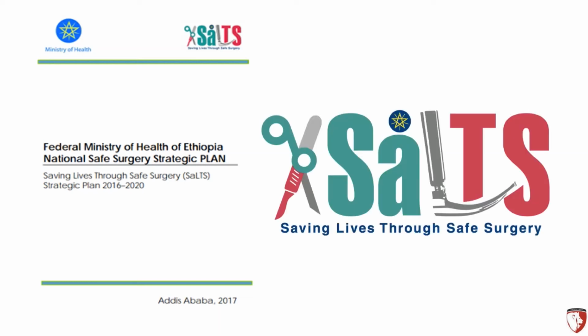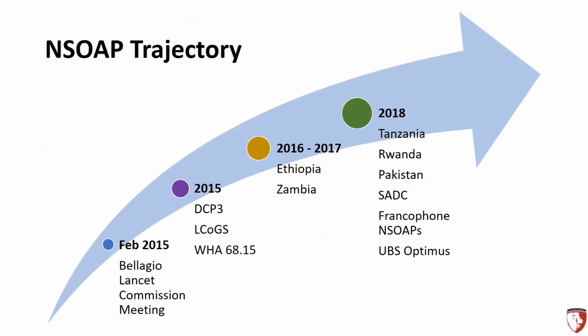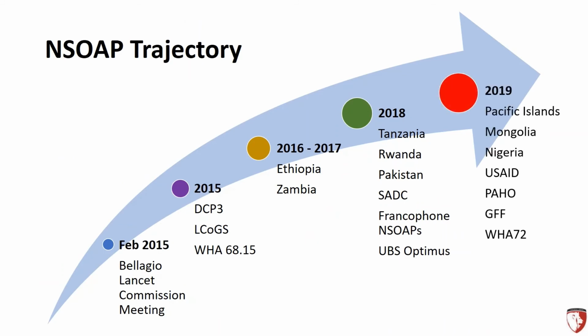Ethiopia independently adopted a national surgical plan, saving lives through safe surgery, also known as the SALTS. 10 additional plans are underway, with many countries who have expressed commitment to the development of NSOAPs.